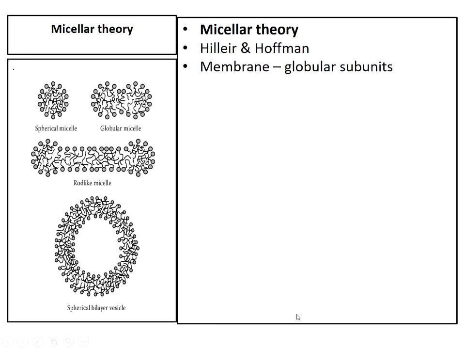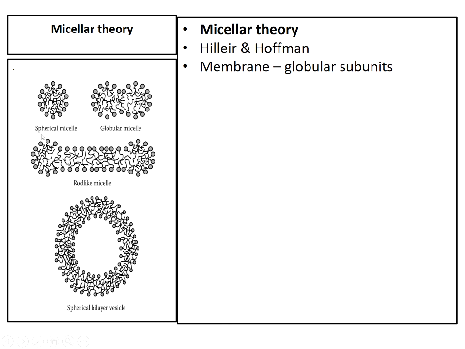And next is the micellar theory. It is a theory proposed by Hiller and Hoffman, who formulated that the plasma membrane consists of globular units. So in the diagram you can observe the globular units of lipids.